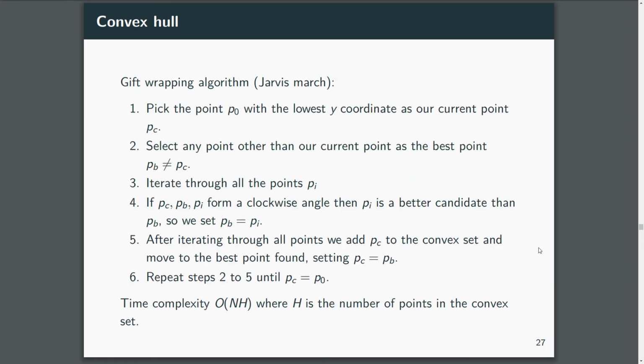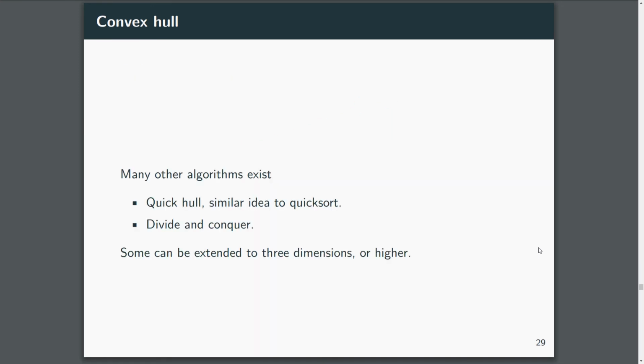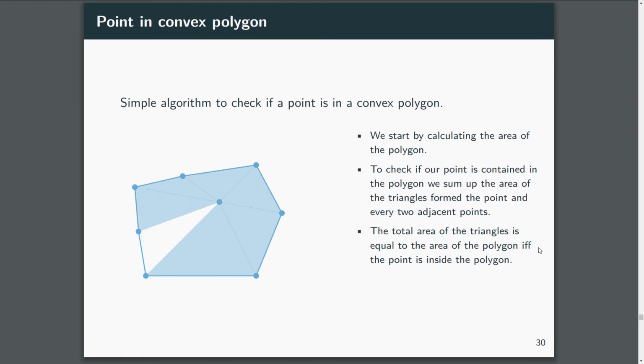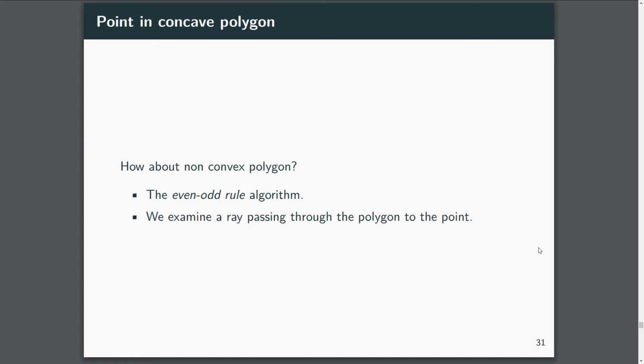Okay, so we were at point in polygon. This works if we have a convex polygon. But if it's not convex, how can we do it? We use something called the even-odd rule algorithm.